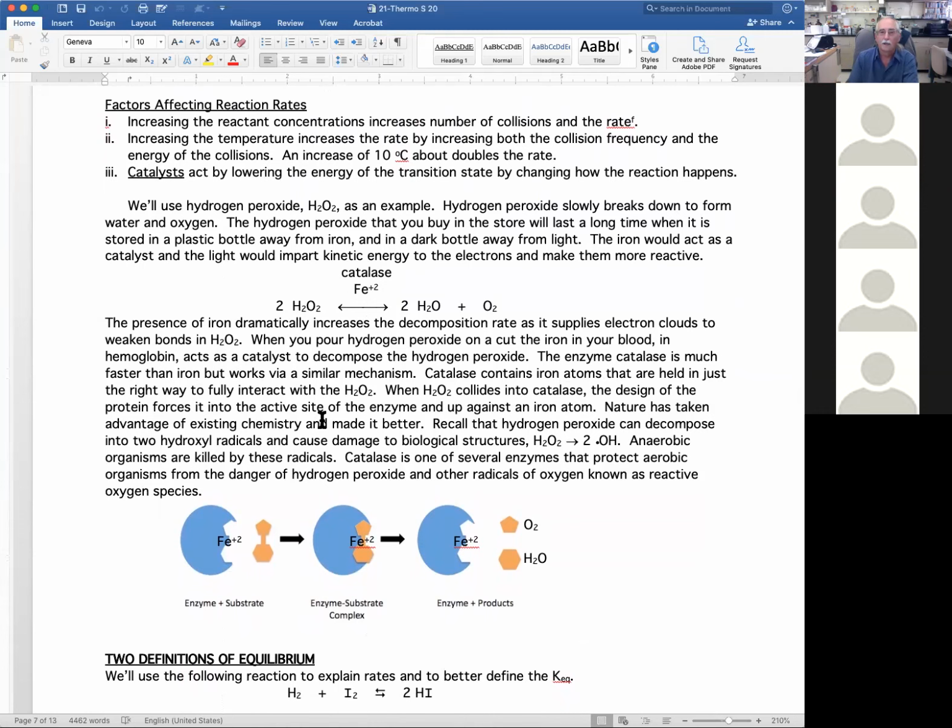If I increase the temperature, I'll increase the rate of collisions, in other words, the collision frequency, and the energy of the collisions will be stronger. So in general, an increase of 10 degrees in temperature about doubles the reaction rate.